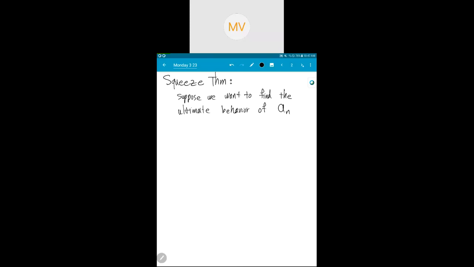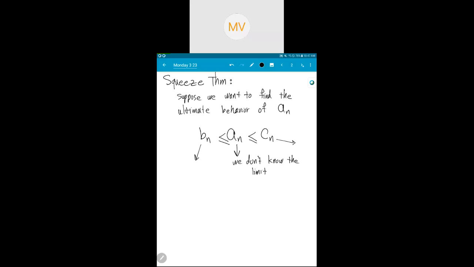And then they figure out that A sub n can be squeezed between B sub n and C sub n. This is the one that initially we don't know the limit of. And B sub n and C sub n are the two sequences whose behavior you probably already know. That's why you're getting help from them. So these two sequences are supposed to help you, okay?